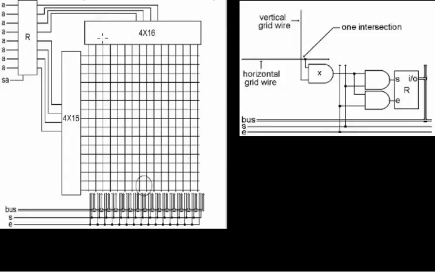At any given moment, suppose this is the one we are interested in and would like to know about. Then this decoder will enable this wire and this decoder will enable this wire, and where they intersect, this X gate will be on, and so the register will be on.